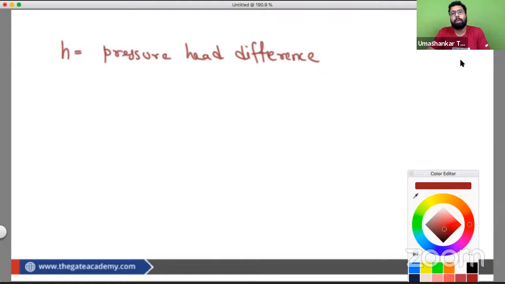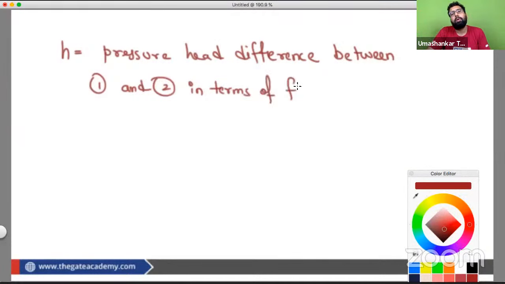So this H is the pressure head difference between 1 and 2 in terms of the fluid flowing through the pipe.